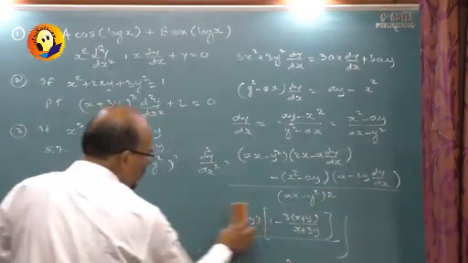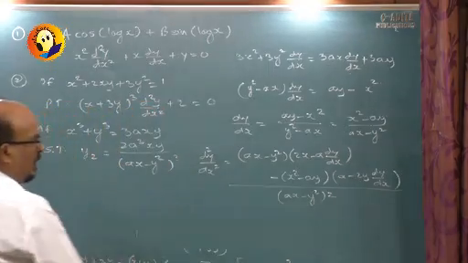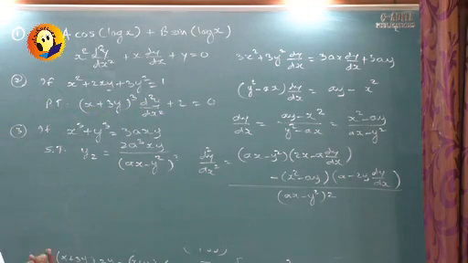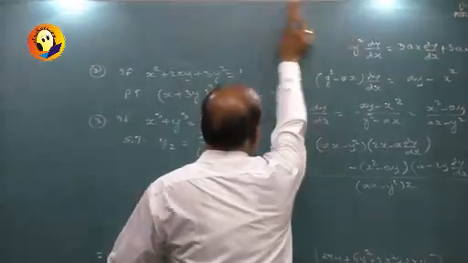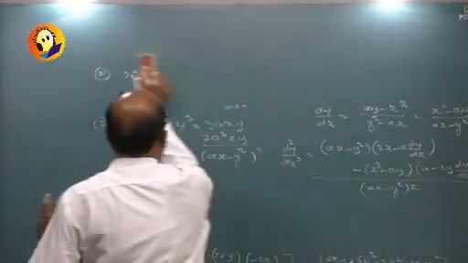Same way, you will have to again substitute dy by dx and proceed. It will get proved automatically. We will just revise the nth derivative formulae and then proceed further.